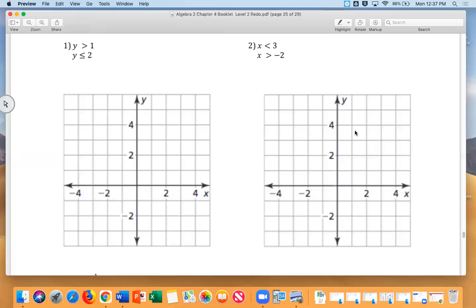All right, so let's look at number one. Number one, the top equation, it's y is greater than 1. It's going to be a dotted line through 1, whereas y greater, that's going to be above.